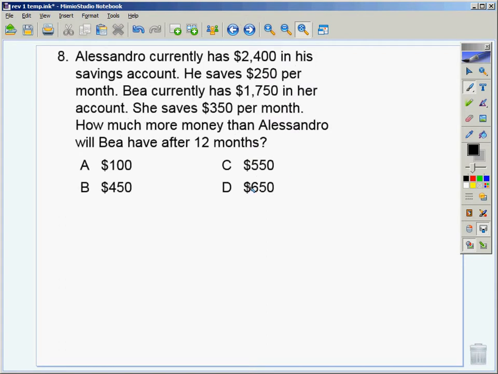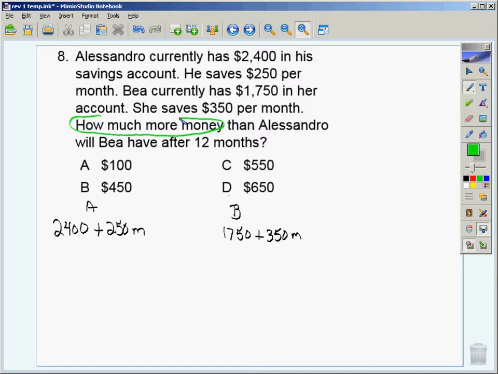Number 8, Alessandro currently has $2,400 in his account, and he saves $250 per month. B currently has $1,750 in her account, and she saves $350 per month.